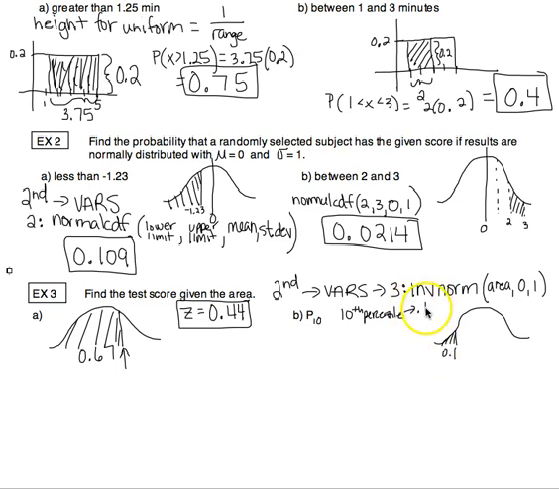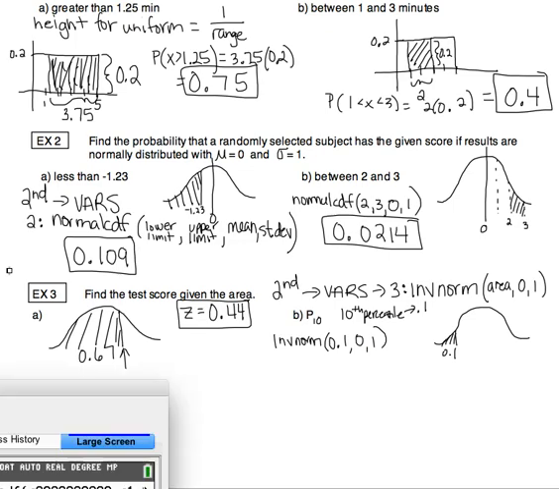So if this had been the 80th percentile, we would have all the way up to say here, and we'd have an area of 0.8. So you're just converting the percent into a decimal, and that becomes the area. So in our calculator, we are going to do inverse norm of 0.1, 0, 1.